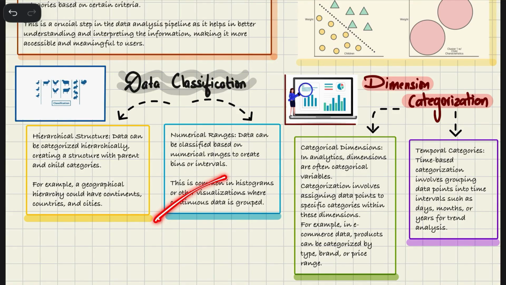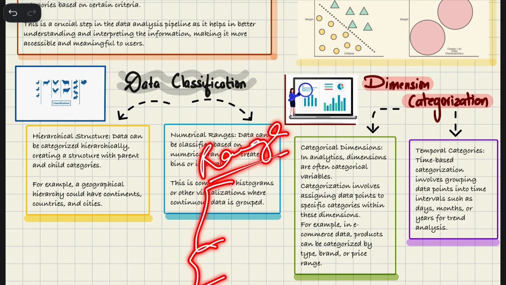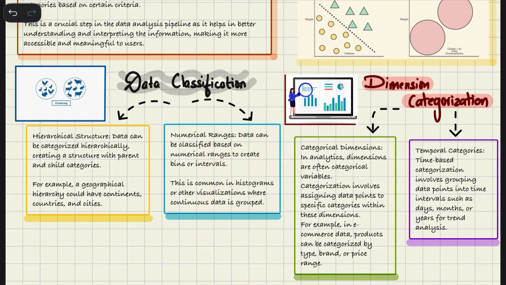So we have a catalog for types, for brand, for price range. What it does is allow the database to instantly slice and filter the products. If we ask for a range, it filters all the products, all the brands, all the categories in that particular range only. So that is how categorical dimension works. We are assigning data points to specific categories within the dimension.